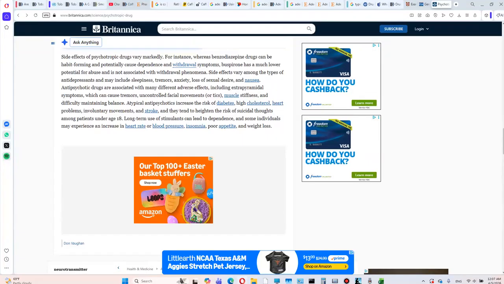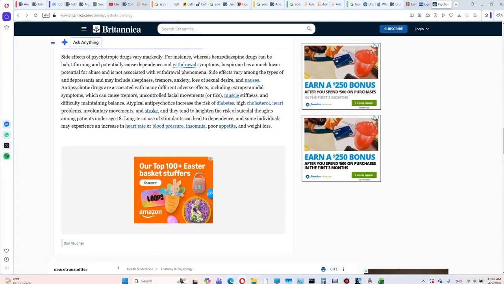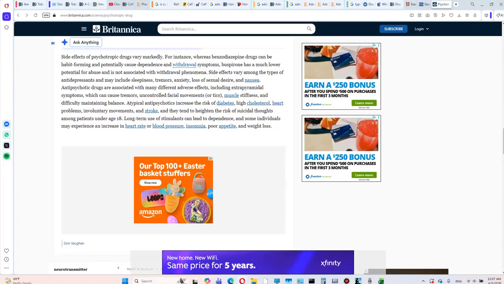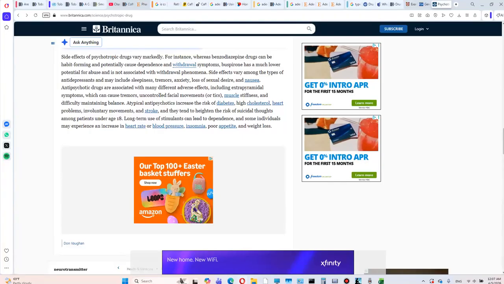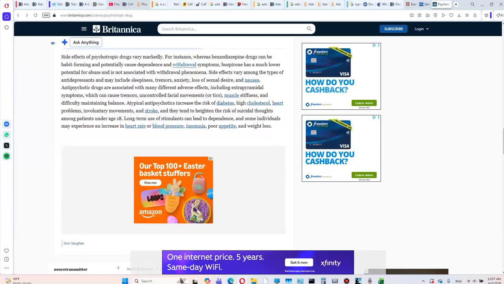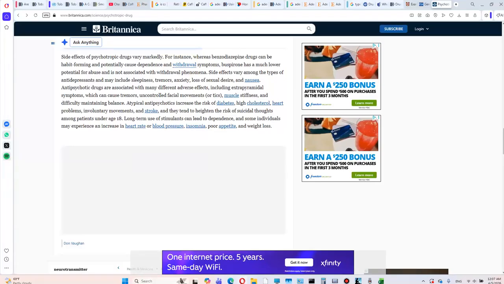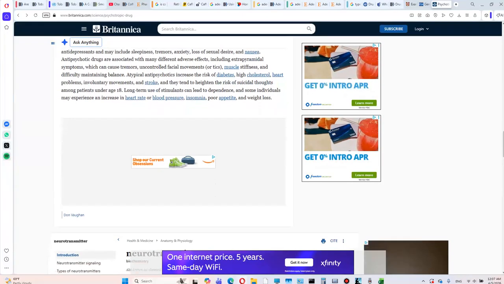They tend to heighten the risk of suicidal thoughts among patients under age 18. Long-term use of stimulants can lead to dependence, and some individuals may experience an increase in heart rate or blood pressure, insomnia, poor appetite, and weight loss.